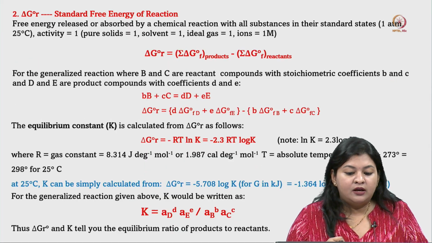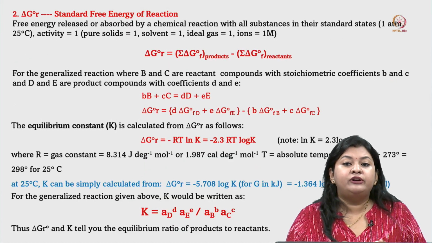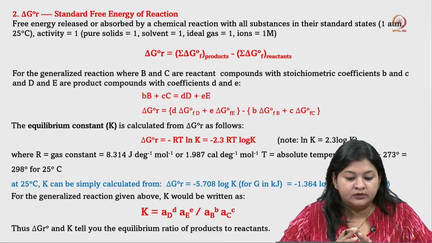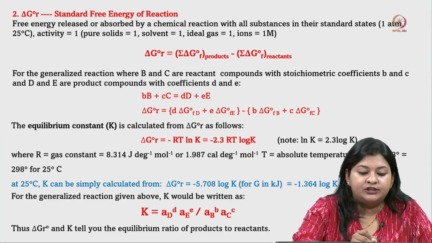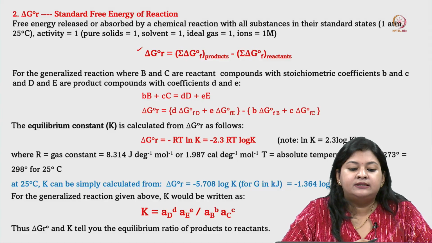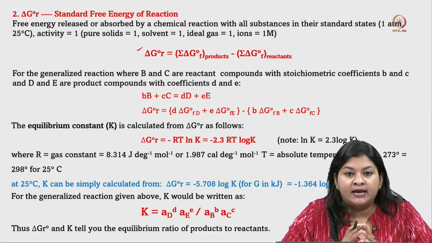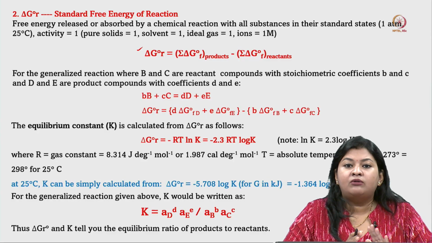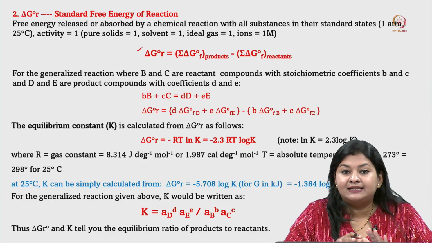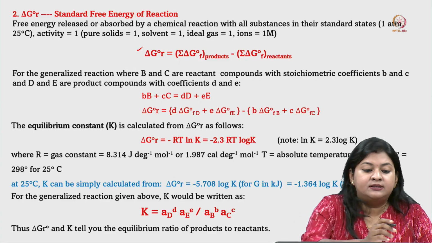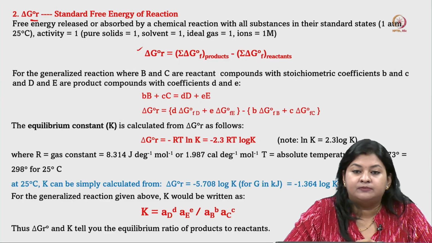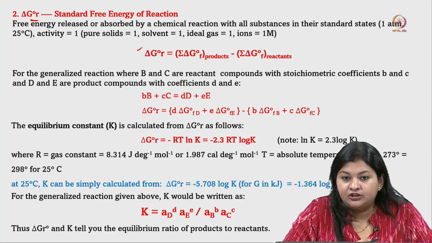Okay. Now, we are moving towards a reaction. For a reaction, the energy that is released or absorbed by a chemical reaction with all substances in the standard state, because this is a standard state reaction, is the standard free energy of reaction.